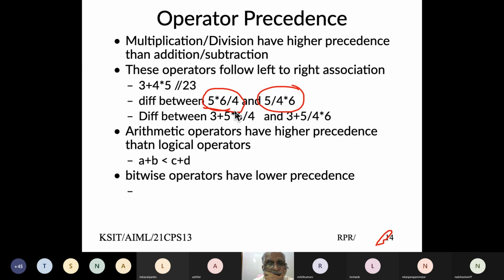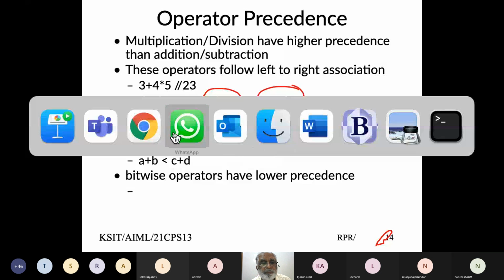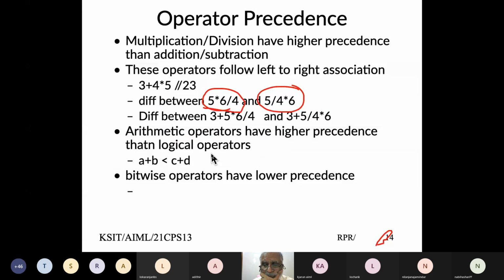First one is 7, second one is 6. No, I'm asking about 5 star 6 by 4. Okay, first one is 7, and the second one is... Why? Can you explain why? Sir, BODMAS rule. Tell me now why. How did you get 7 and 6?